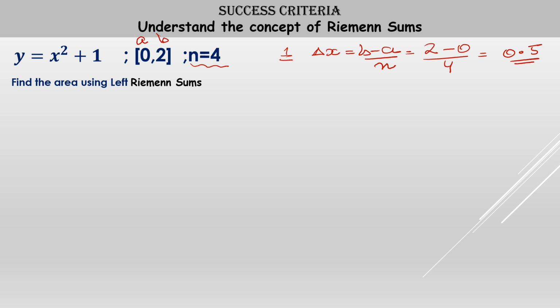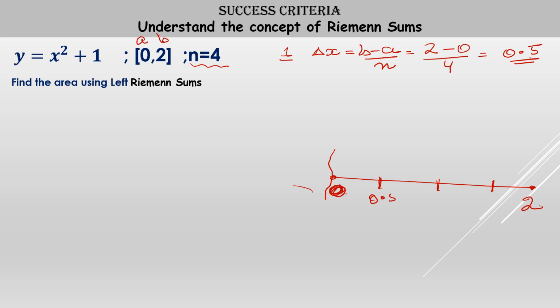So let's try to understand by using a number line. The starting point is 0 and the ending point is 2, and we have to divide it into 4 equal parts. So 1 part, 2 part, 3 part and 4 part. How can we write the values here? 0 plus this width 0.5 gives us 0.5.